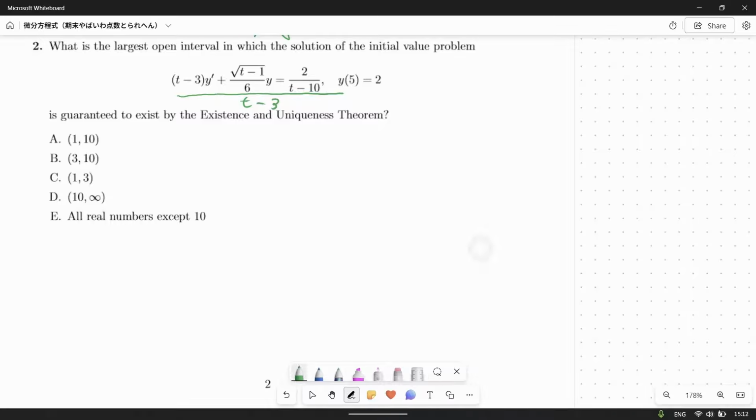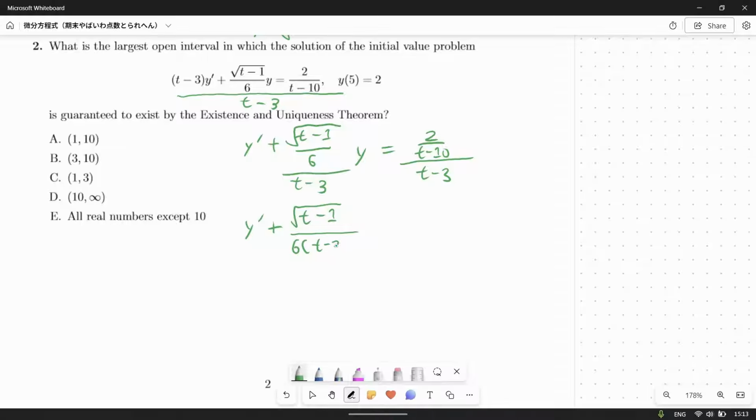And so when you do that, you end up with y prime plus the square root of t minus 1 over 6, divided by t minus 3, times y is equal to 2 over t minus 10, divided by t minus 3. And then you can further simplify this down to y prime plus the square root of t minus 1 over 6 times t minus 3 times y is equal to 2 over t minus 10 times t minus 3.